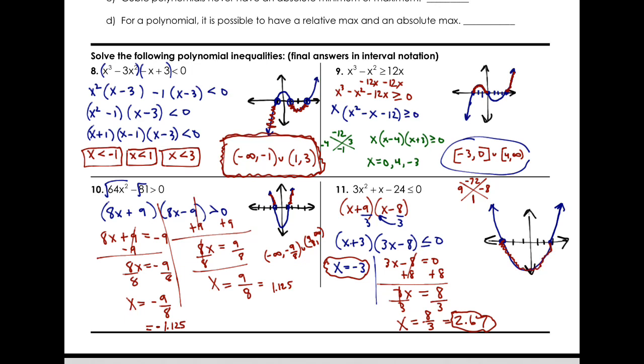Our interval notation, we're shading from that point, which is negative 3, and we're including the point, so that's that bracket. And we're shading all the way over to, let's just use the fraction, 8 over 3, and that is a bracket. All right. And that's that.